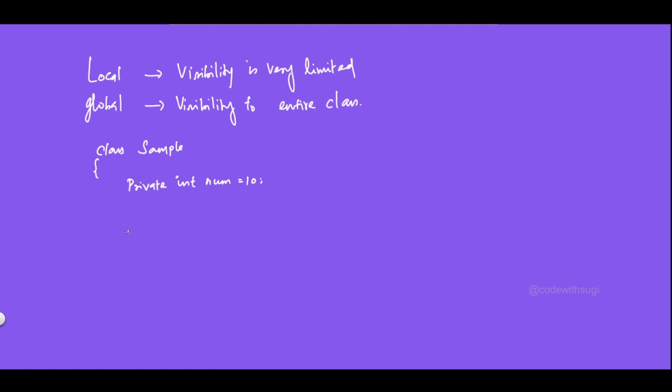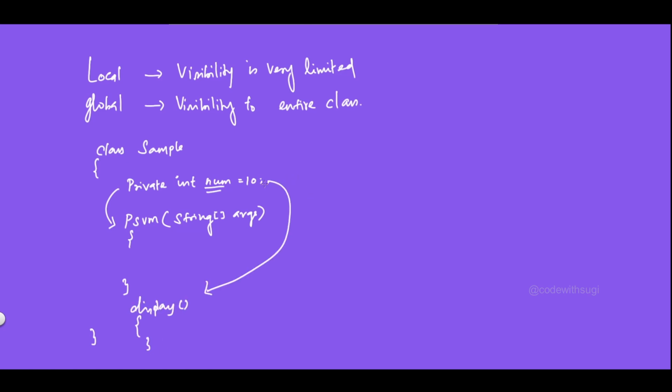Then I'm going to create a main method, psvm String args. Now this number will be visible in this method, and if you create some other method here like display, you have visibility of this variable in that method also. That means in the entire class you can access this variable. These kinds of variables we call global variables.